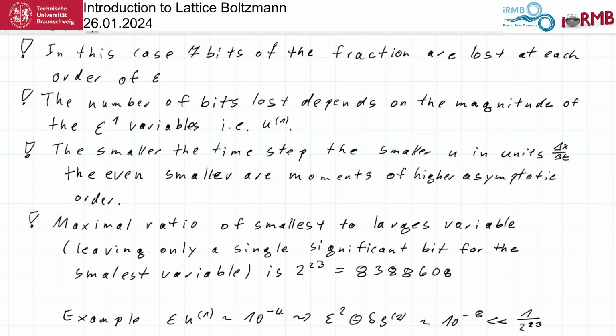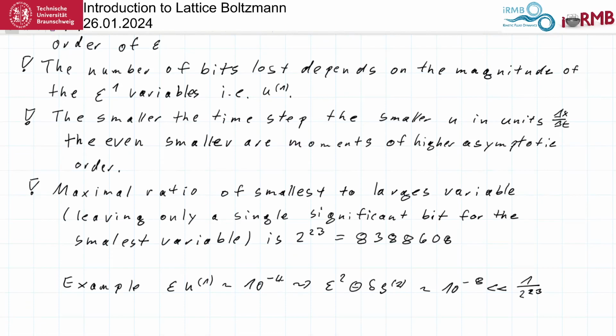Okay, is this a lot or not? Sorry, this here is the ratio, and the largest variable in this case would not be the velocity, but it would be the density, the background density. So, for example, if we have this velocity here, 10 to the power of -4, then the pressure would be completely unrepresentable in floating point numbers.